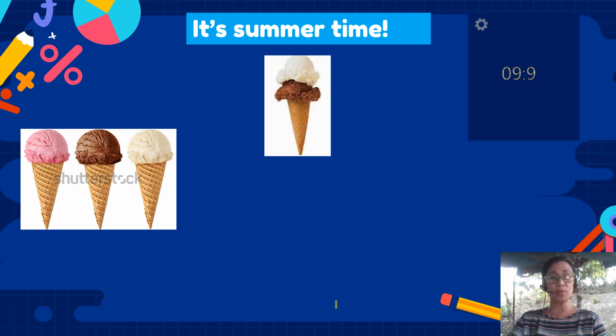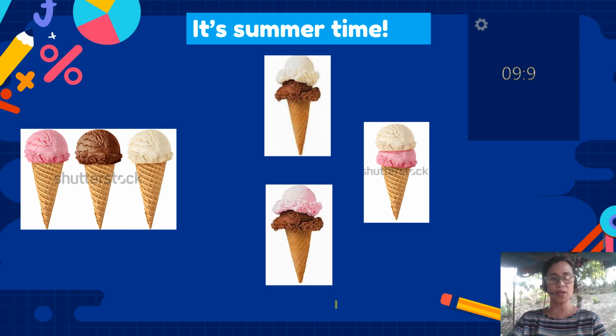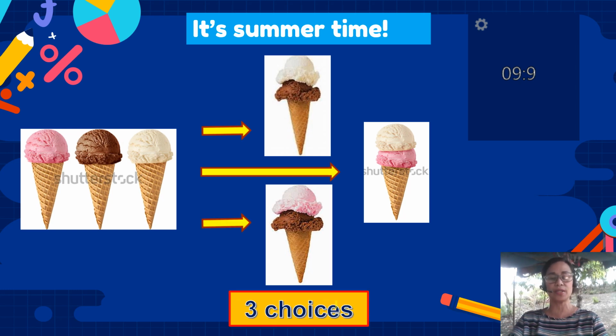First could be vanilla and chocolate, vanilla and strawberry, or strawberry and chocolate. So you have 1, 2, 3 choices that you can order. So here you have 3 objects, but you have to choose 2 only at a time. So this is again an example of a combination.